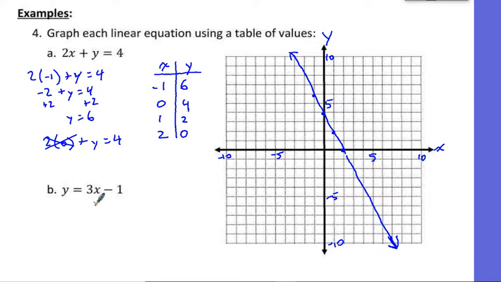We're going to graph letter B on the same axis here, and I will do that in black. Y equals 3x minus 1. X, y.